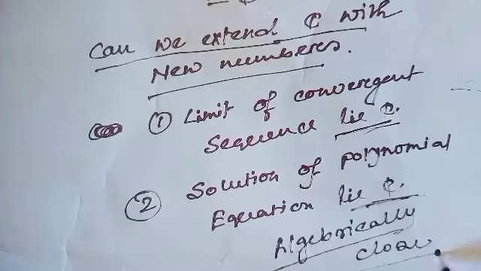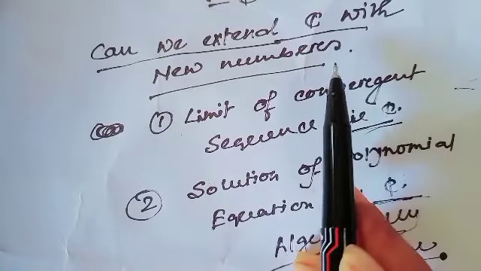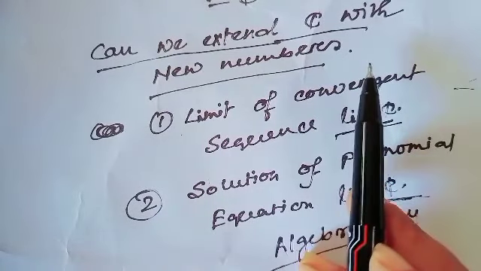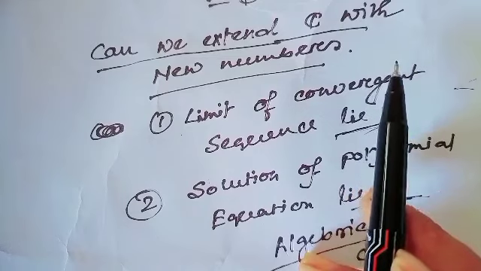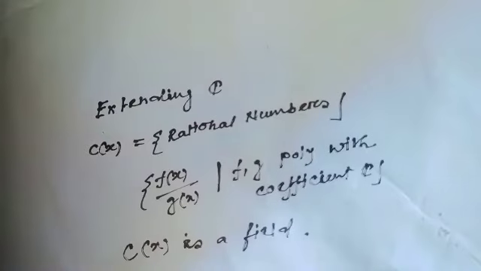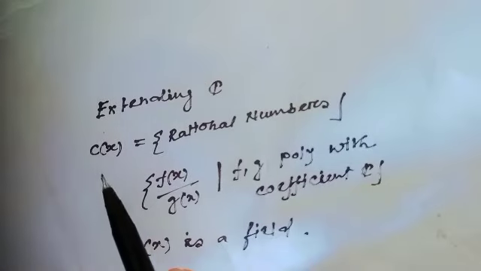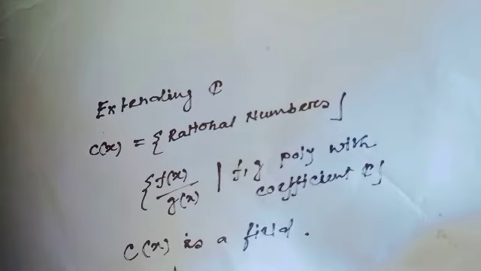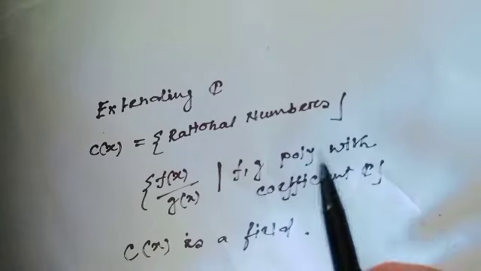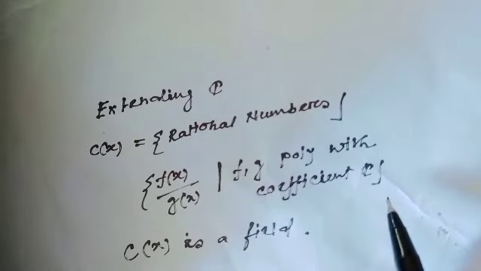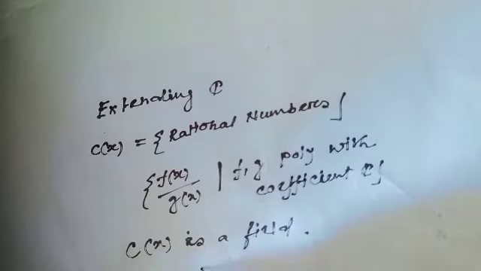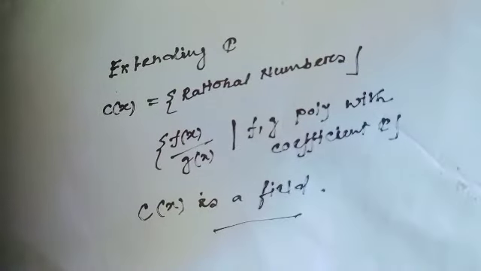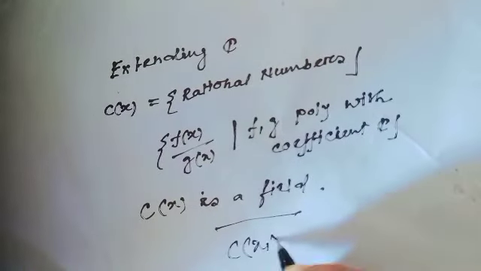So we cannot extend the complex numbers with new numbers. Are you getting? Well, an extension of the complex numbers means C(x) with just one variable x, that is, the set of rational functions whose coefficients are complex numbers. And obviously C(x) is a field. We can add more variables, C(x, y), and so on.